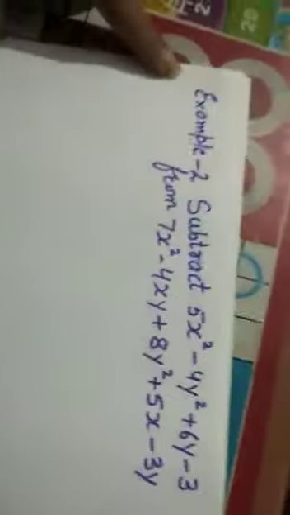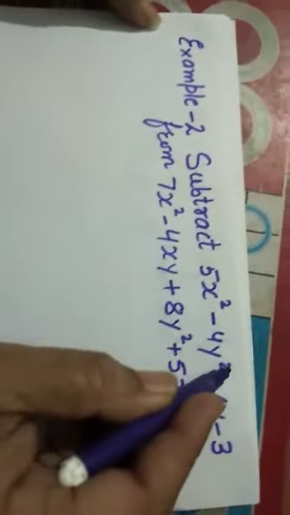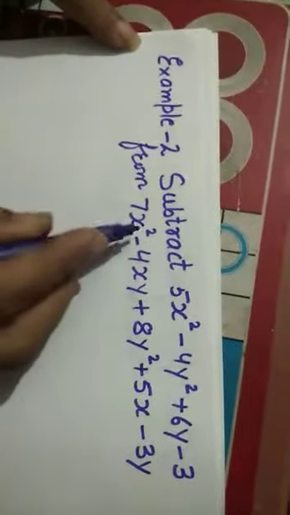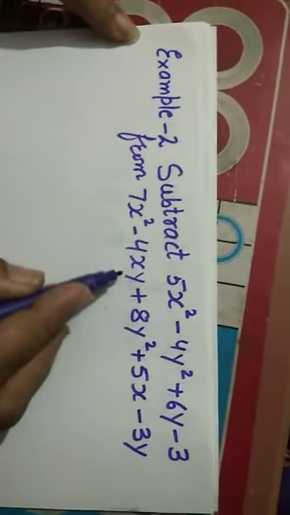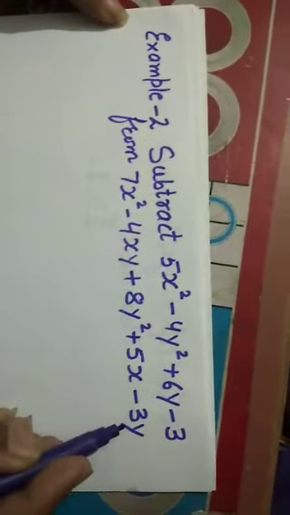Now we'll start subtraction. So we'll be taking example number 2. Subtract 5x square minus 4y square plus 6y minus 3 from 7x square minus 4xy plus 8y square plus 5x minus 3y.